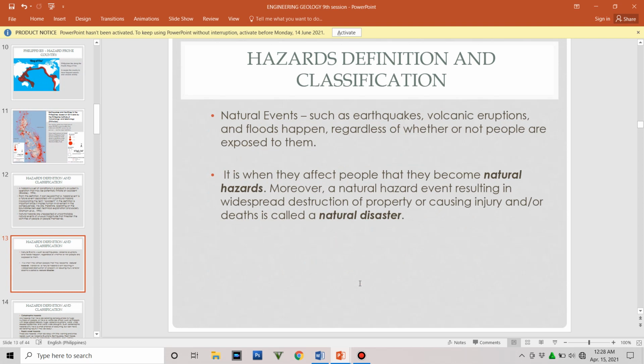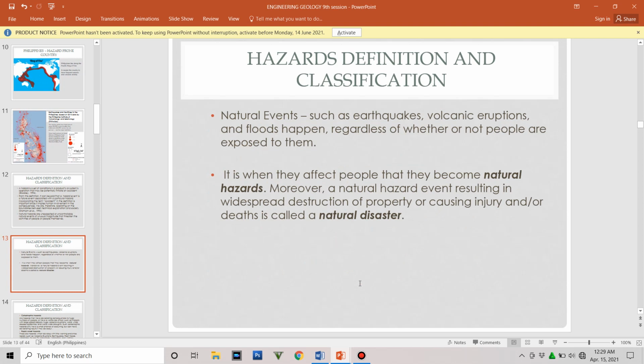So events pa lang yan. So it is when they affect people that they become natural hazards. So once these events affect the community or people, it will be termed as natural hazards. So magiging hazards na. Moreover, a natural hazard event resulting in widespread destruction of property or causing injury or deaths is called a natural disaster.